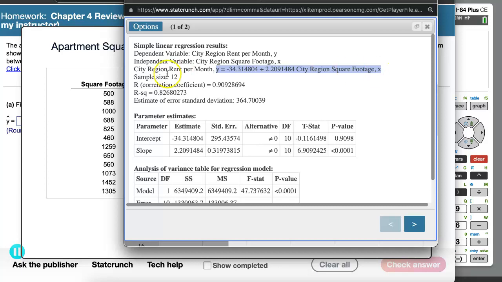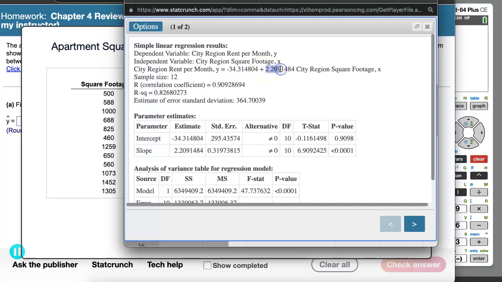Written out, kind of a little bit wordier, I guess we could say, that y, that's the rent, equals this constant, approximately -34, plus 2.209 times x, the city region square footage. So these are the values that I want to take with me to my equation on the MyMathLab screen.